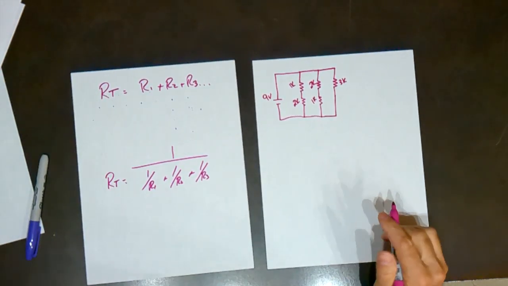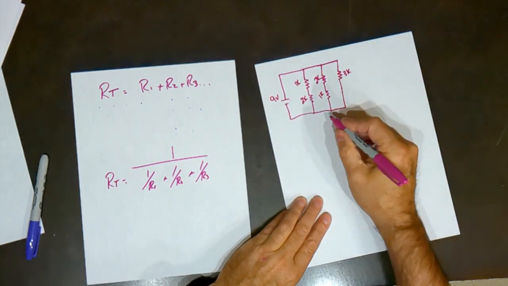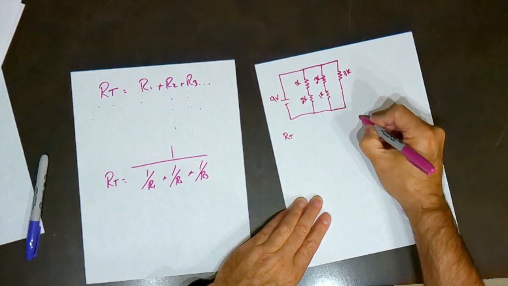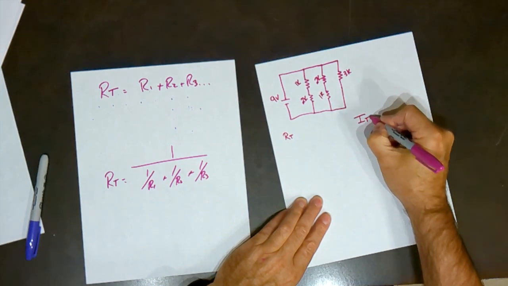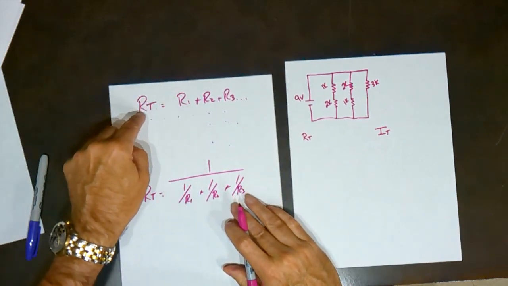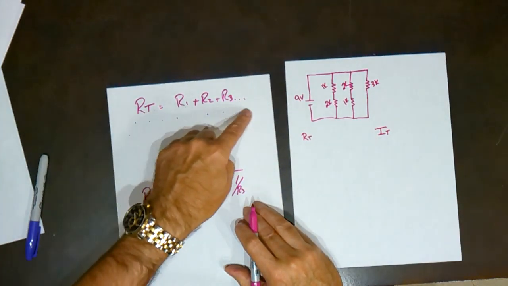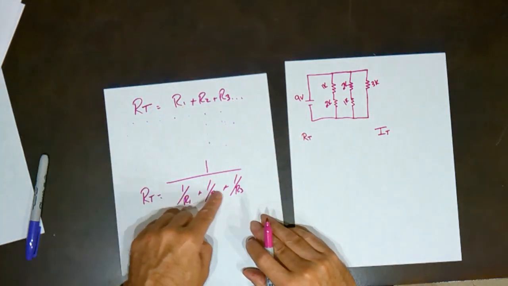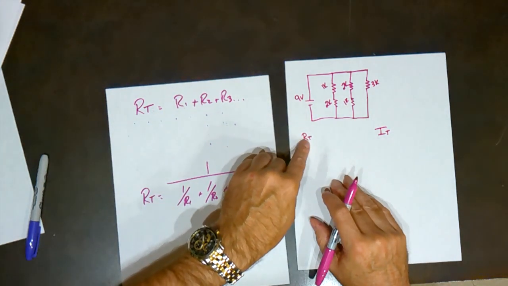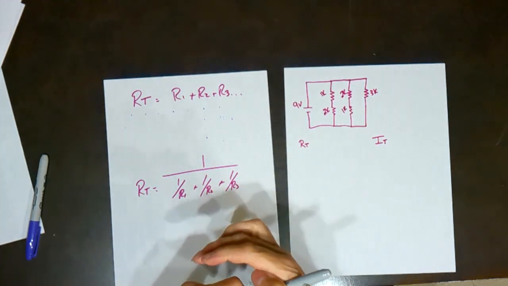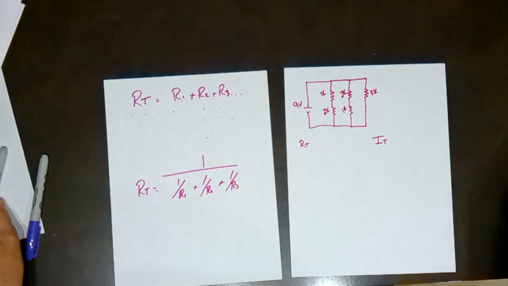Again, if we're going to solve for all of this, we're going to need to find R total so we can get I total. R total, again, we only have these two formats, so we have to figure out which one of these formats this R total simplifies to.